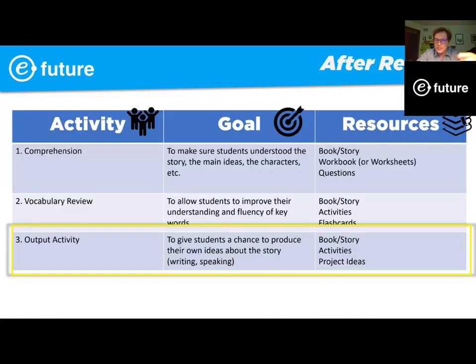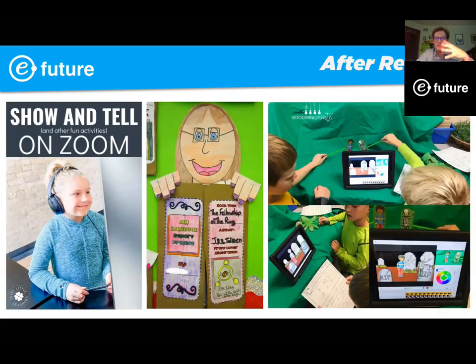And then at the end, you want your kids to do some kind of activity. They can share it on Zoom. They can do a show and tell. They can bring in different stuffed animals, and they can talk about the animals. We have a deer. These are not mine, they're my sister's. There's a rabbit.